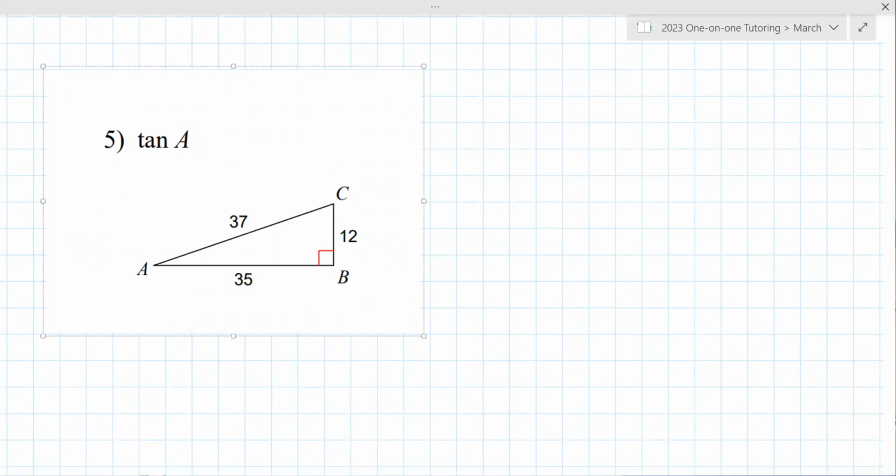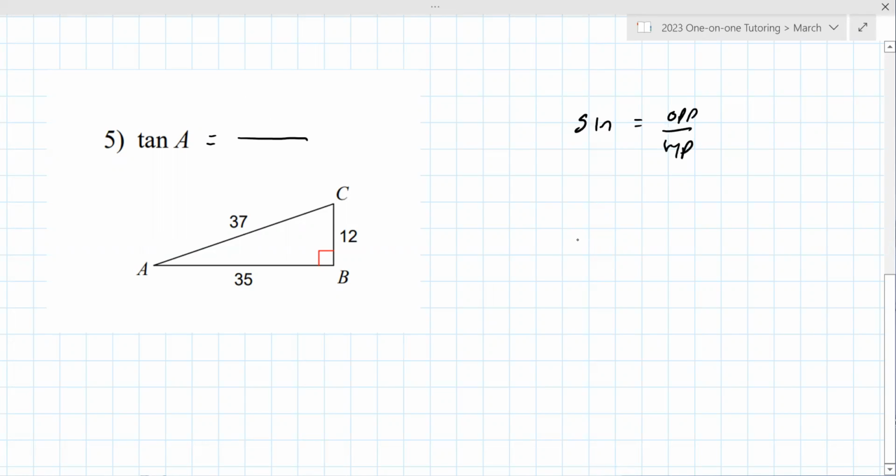The tangent of A is opposite over hypotenuse. Okay, so give me the fraction, please. 35 over 37. Nope. It's opposite over adjacent. Sine is opposite over hypotenuse.